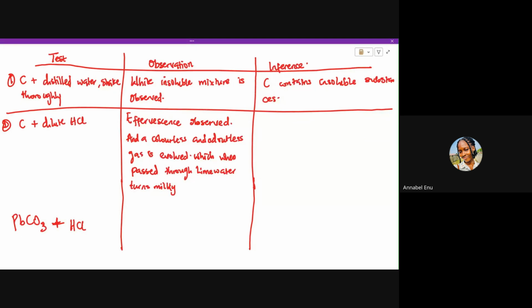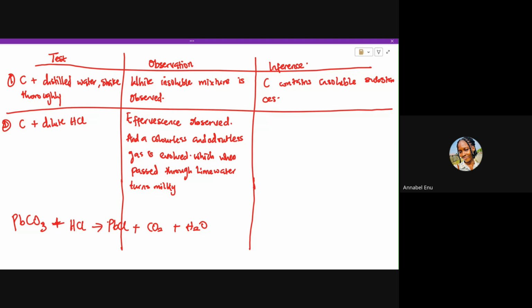This is going to give us a salt, water and carbon dioxide. Lead 2 carbonate is a metallic carbonate, so it acts as a base here, and our acid is the acid, so it will give us a salt, lead chloride, plus CO2 plus H2O. This is the product we will be expecting in this second step.